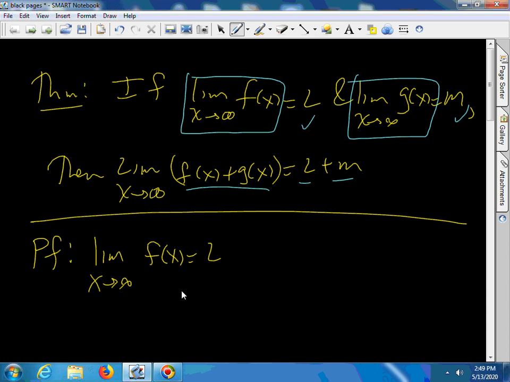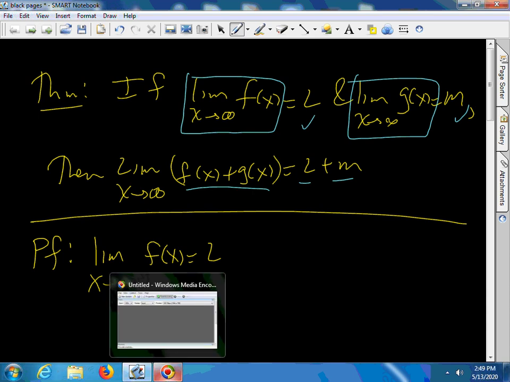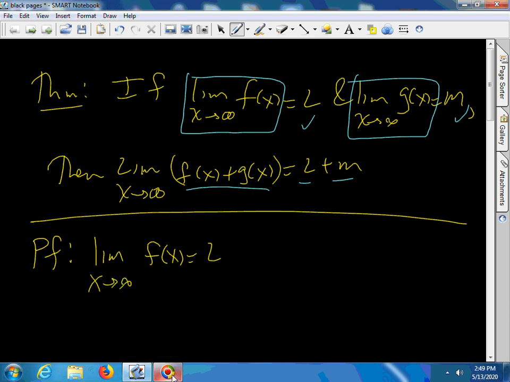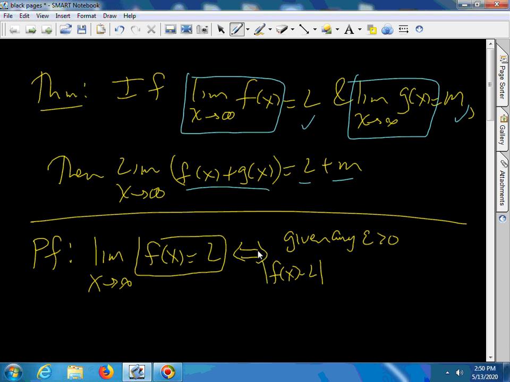What does it mean that as x gets larger and larger, f of x gets closer to L? What does that mean? So this means, if and only if, given any epsilon greater than 0, we want f of x minus L to be really small whenever, what do you think that should be?